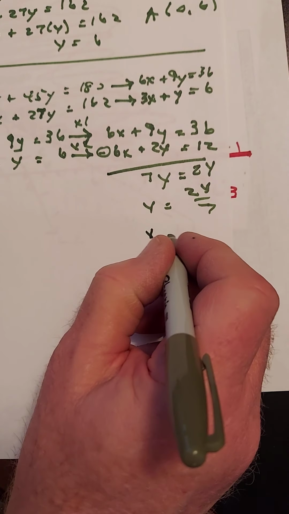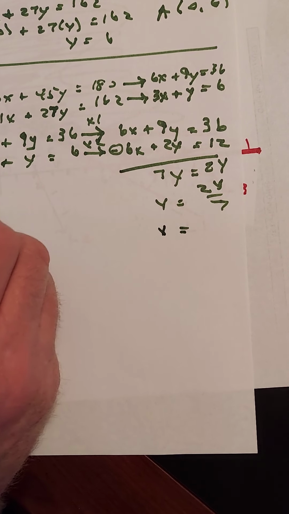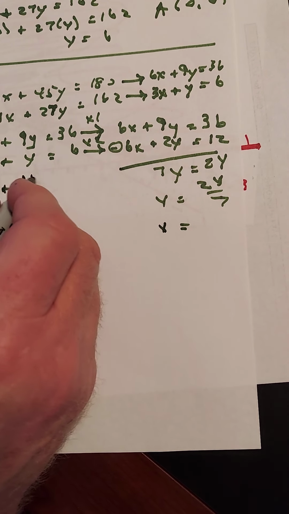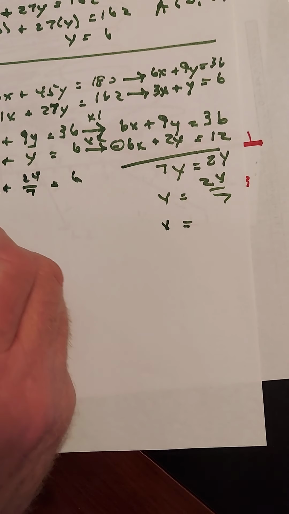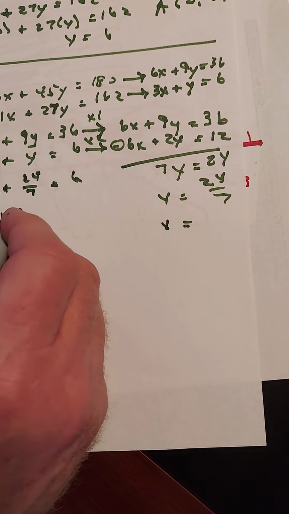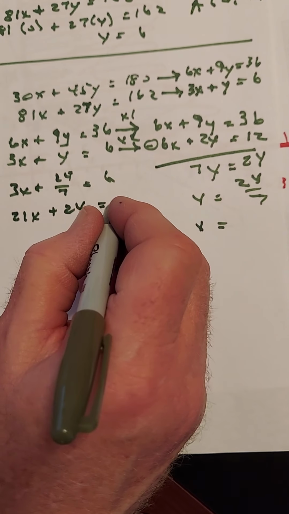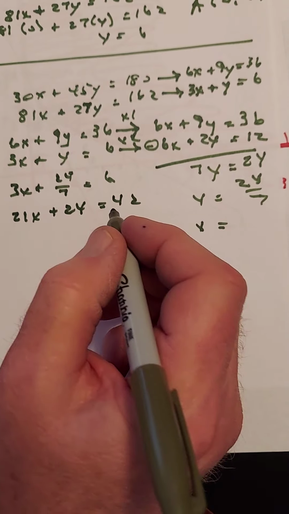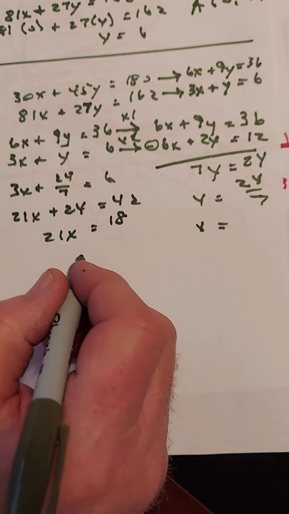So if I plug that back in, I can plug it in anywhere. Let's put it right here. So 3x plus 24 over 7 equals 6. Let's multiply everything by 7, gives you 21x plus 24 equals 42. So 21x will be equal to 18.